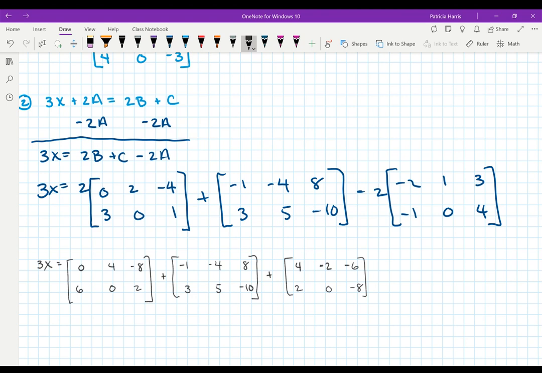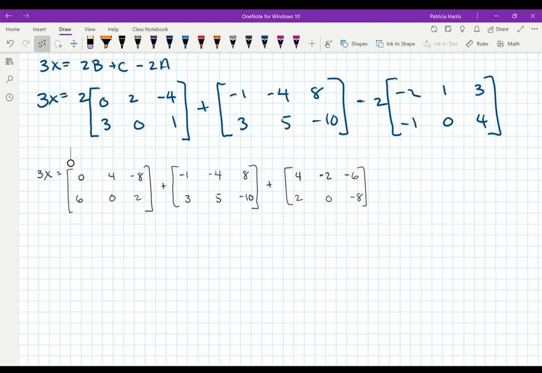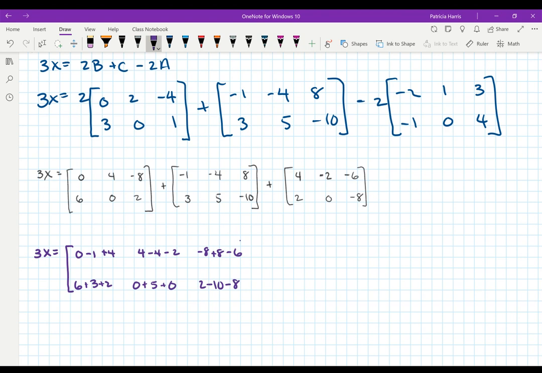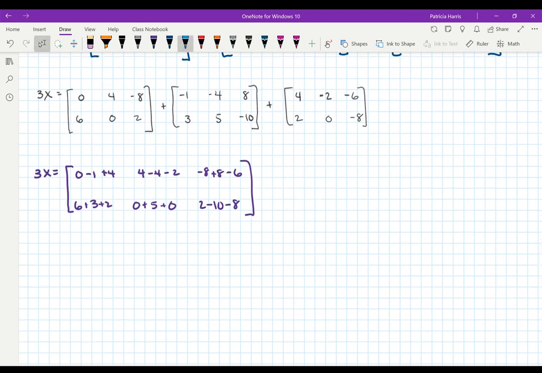Okay, so I've done my scalar, and now I'm just going to add by element. So I still have that 3x, so I'm going to add. Okay, now I'm going to simplify.